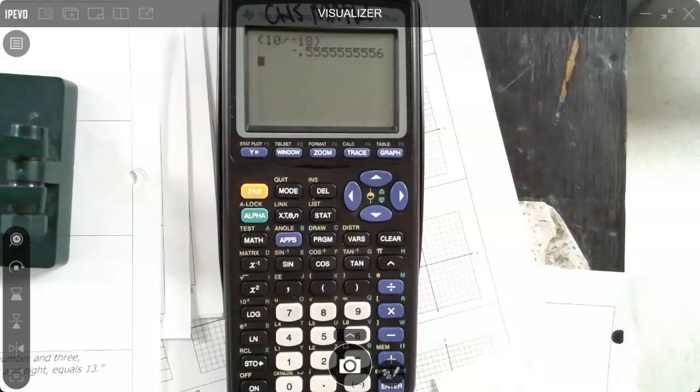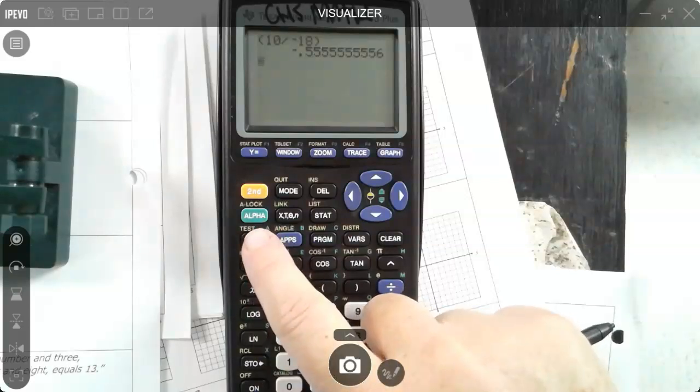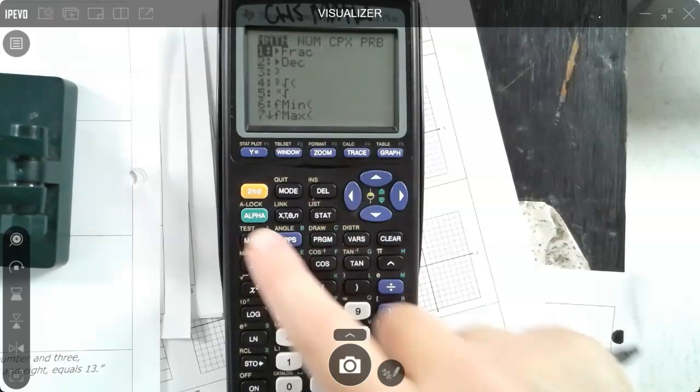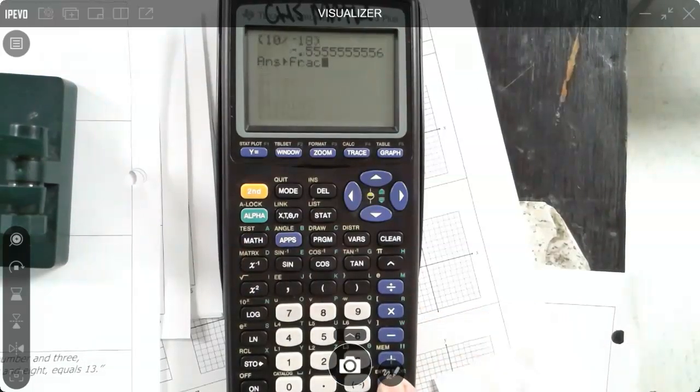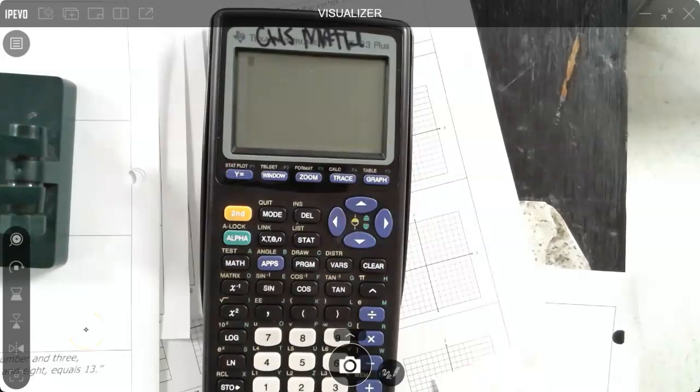Now, I don't want an answer like that. I would rather have a fraction. Yes? So here's what I'm going to do. You see this button that says math? If you do math, enter, enter, it's negative 5 over 9. What was I dividing? 10.